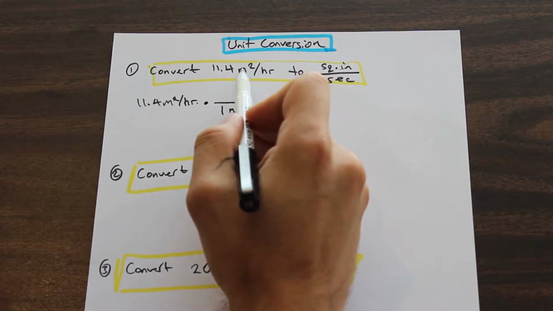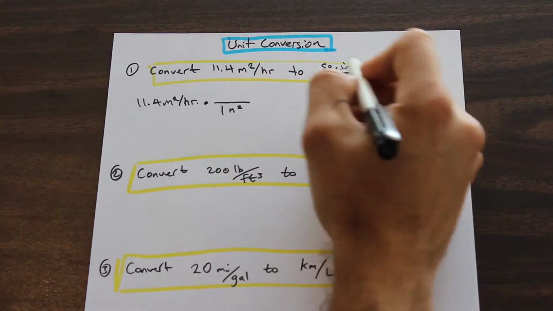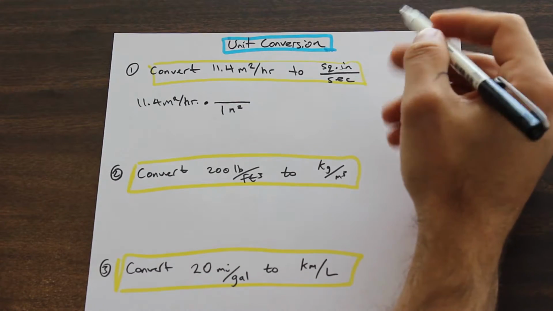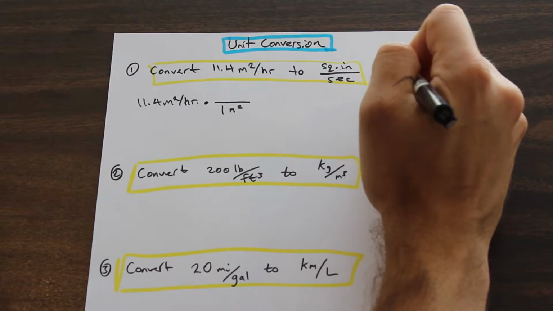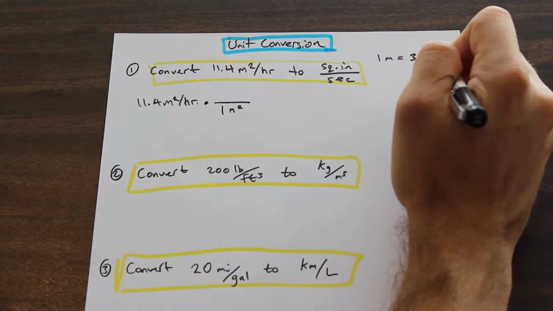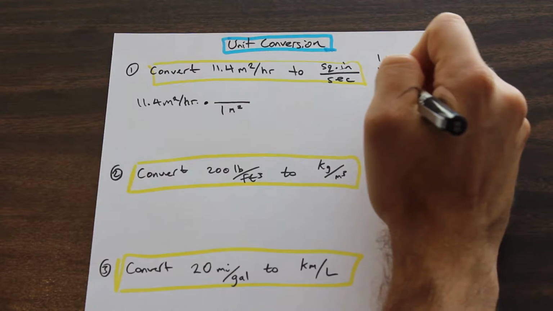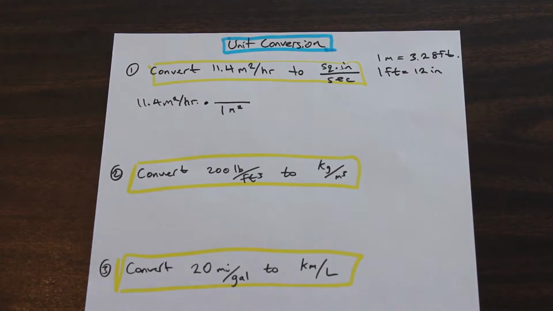We're going to go meters to feet and feet to inches, because we're not given the conversion for meters to inches. What we're given is 1 meter is equal to 3.28 feet, and 1 foot is equal to 12 inches. That's what we're given.